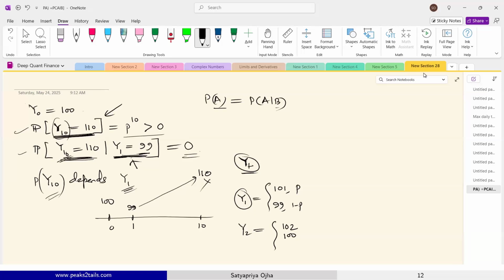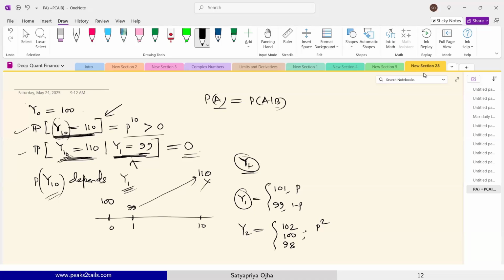Think a little bit. It's easy, guys. 2 steps. After 2 steps, what are the possible values? 102, 100, 98. What is the probability of 102 after 2 days? P square?